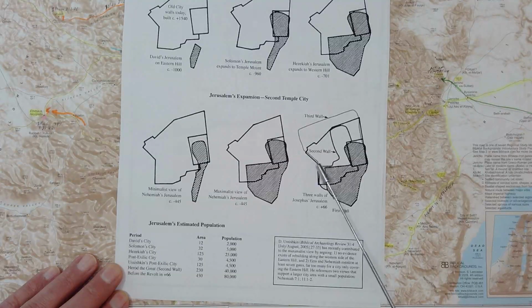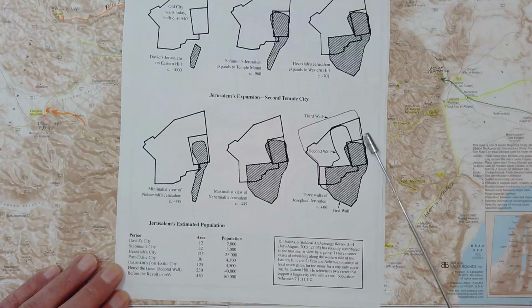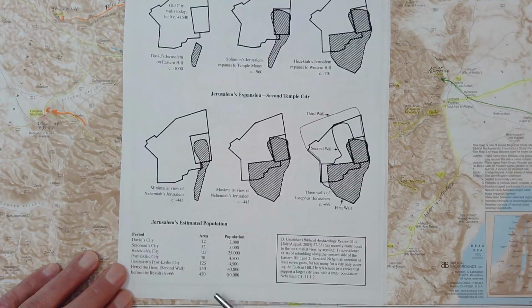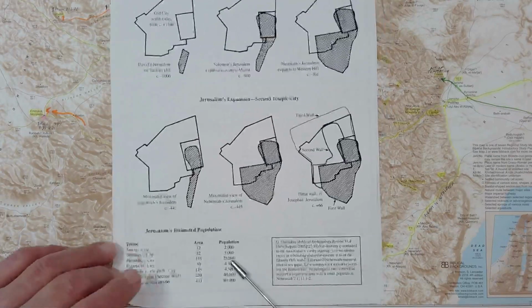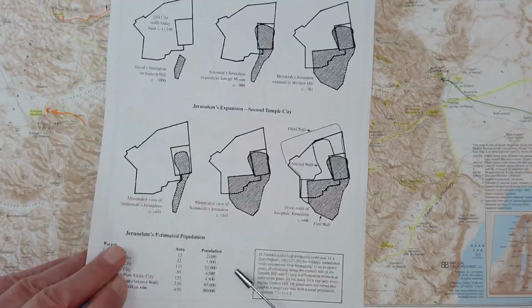And then Herod Agrippa I began to build the third wall until Rome told him to stop, and the Jewish rebels completed this wall just before the siege of Jerusalem in 68. You also have down here estimated populations. So that's this 8-page document.